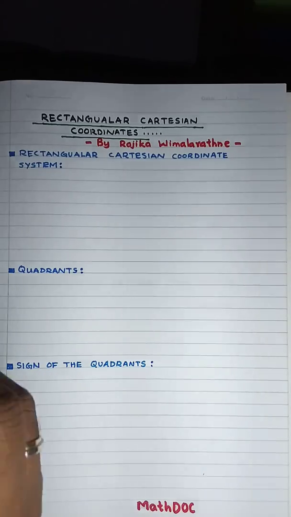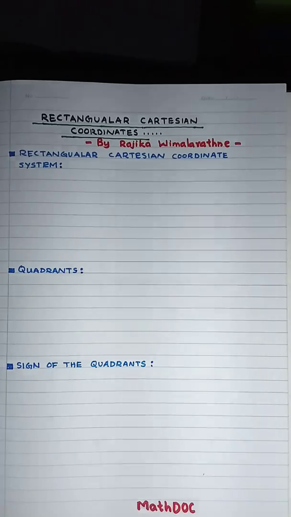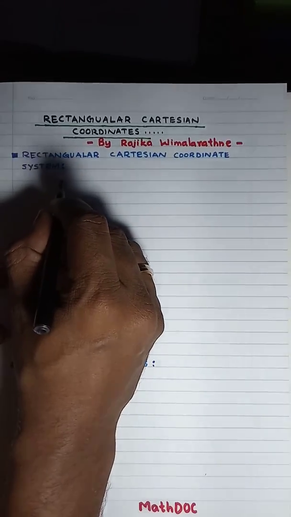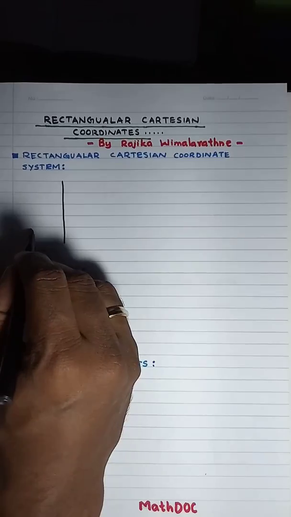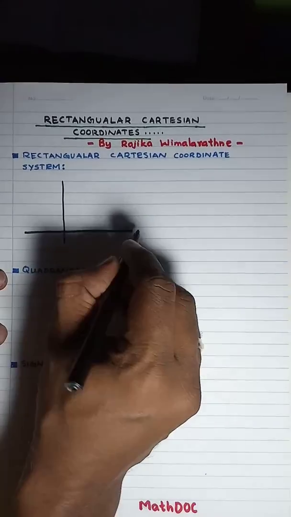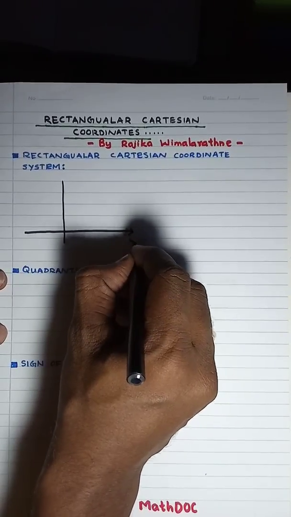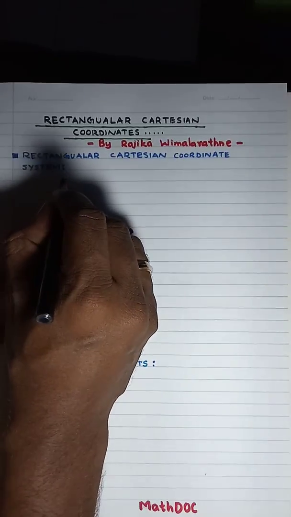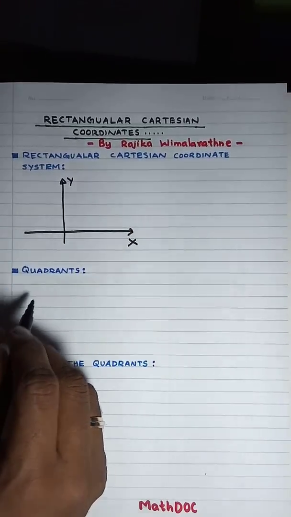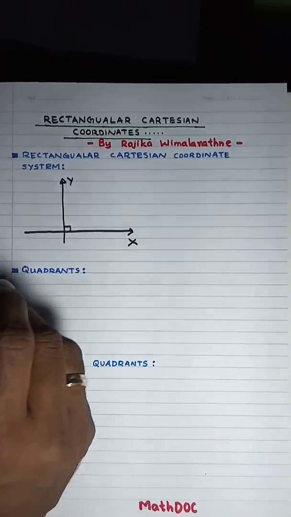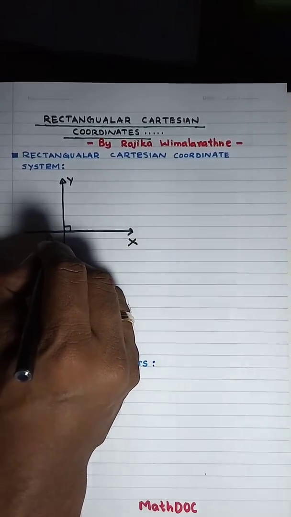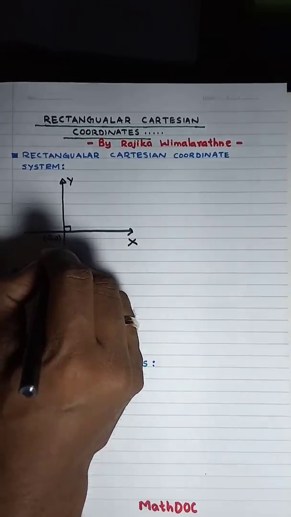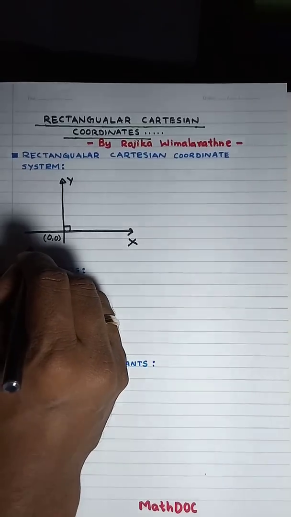First, let's see what the rectangular Cartesian coordinate system is. Consider two perpendicular real number lines. The horizontal one we call the x-axis, the vertical one we call the y-axis. They are perpendicular, and the intercept will be the point 0, 0, which we call the origin.